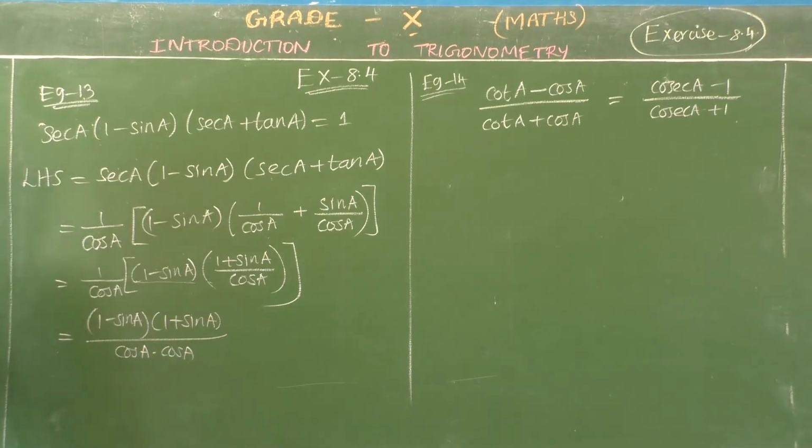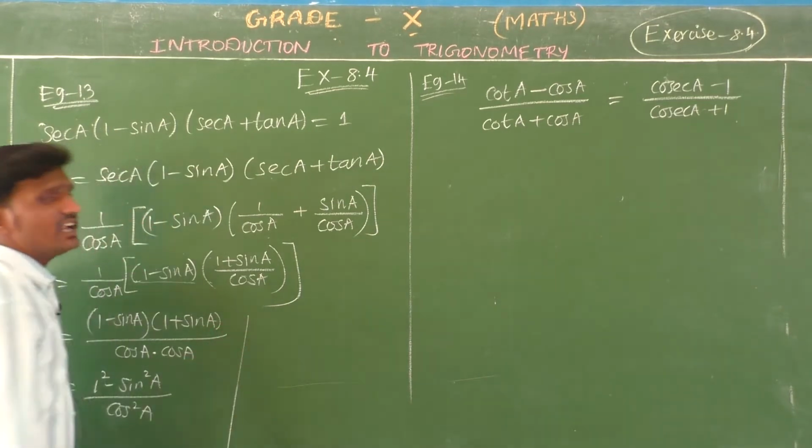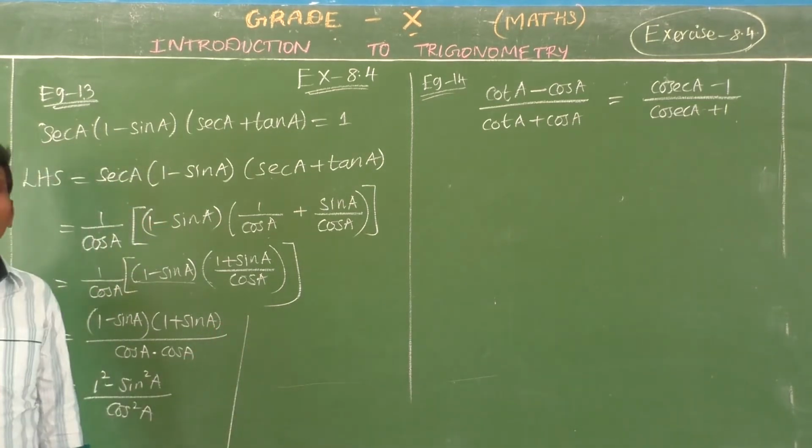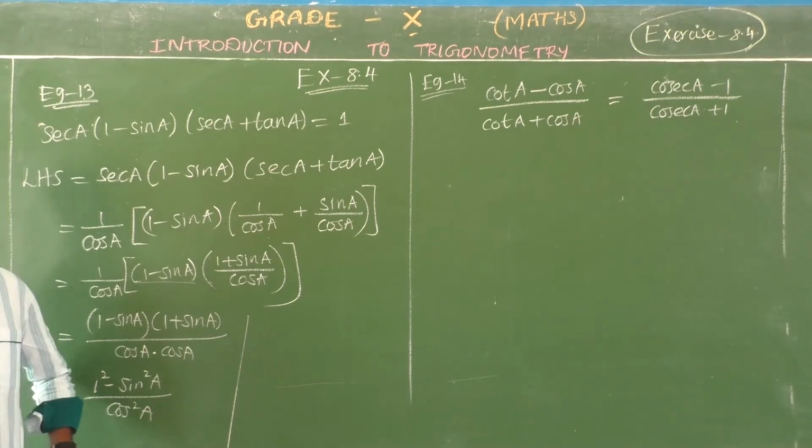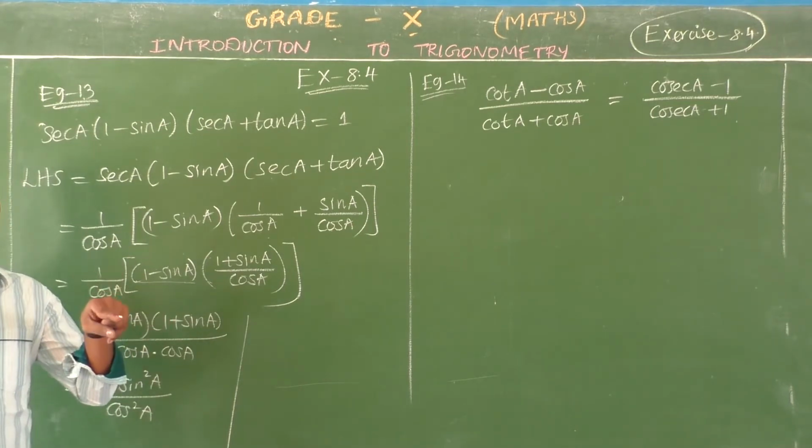Now you have this one in the format of A plus B into A minus B. Do you know the formula? A plus B into A minus B equals A square minus B square. That is 1 square minus sin square A whole divided by cos into cos, equal to cos square. Already you have one identity: sin square A plus cos square A equal to 1.